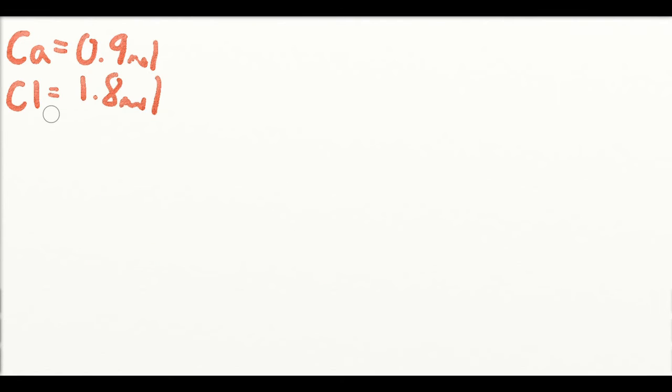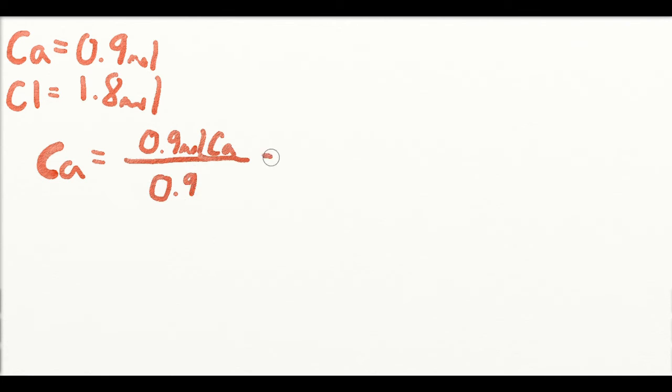Alright, so now that we have calcium at 0.9 mole and chlorine at 1.8 mole, between these two you again have to choose the smallest one, and obviously the smallest one is calcium. So we're going to do calcium equals 0.9 moles of calcium over the smallest number between those two, being 0.9. The same thing is going to happen for chlorine.